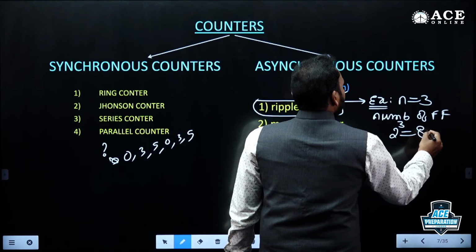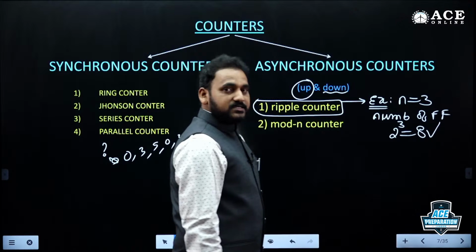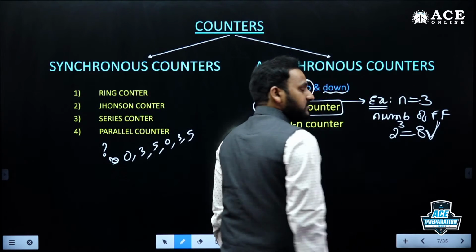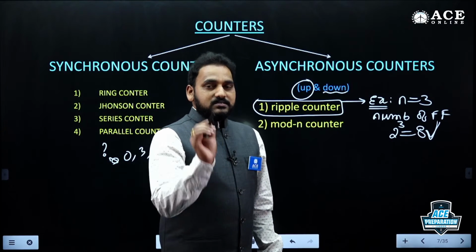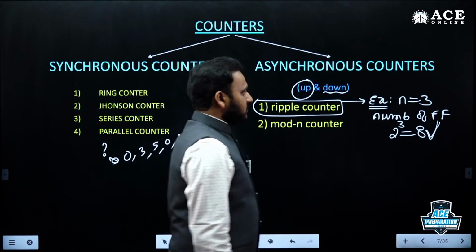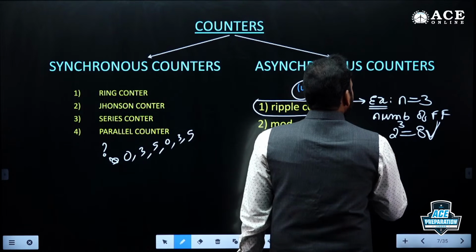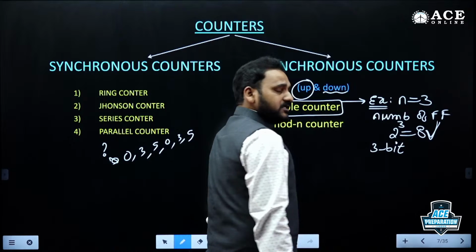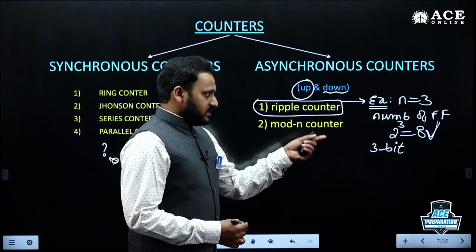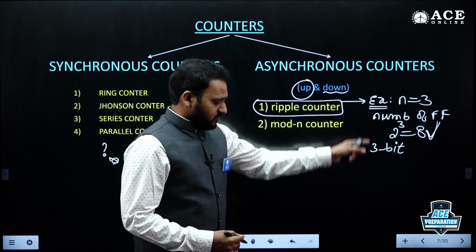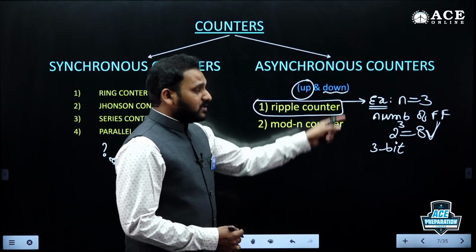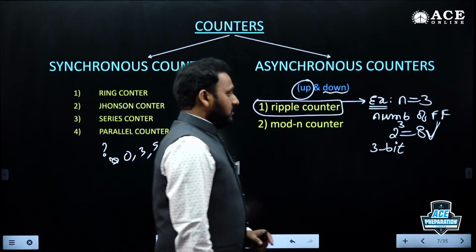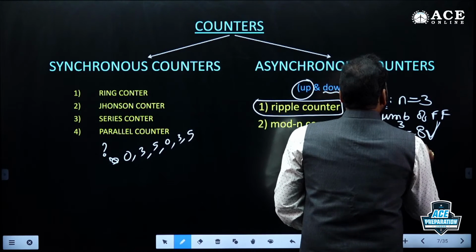If that counter is producing all 8 possible states, 000 to 111, 0 to 7 in decimal, then I can call it a 3-bit ripple counter. I will show you the GATE questions also. Not only in GATE, for electricals and public sectors also, some questions are found from this area, because it is very simple. We are talking about the basic level only here. So I can call it a 3-bit ripple counter.